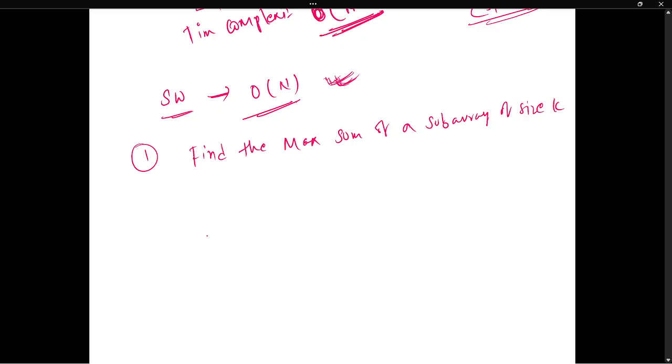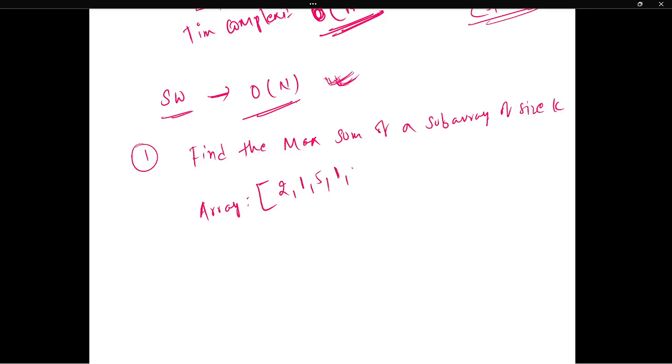Our original array is 2 1 5 1 3 and 2, and the subarray size is 3. We need to choose subarrays of size 3 and find out the maximum sum.